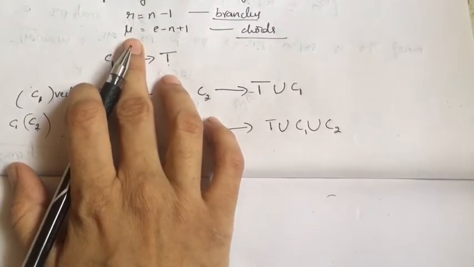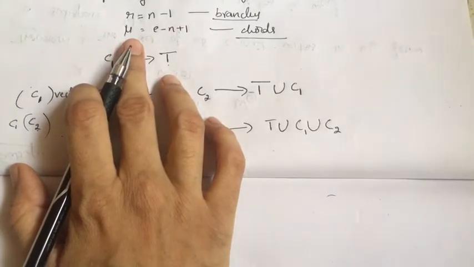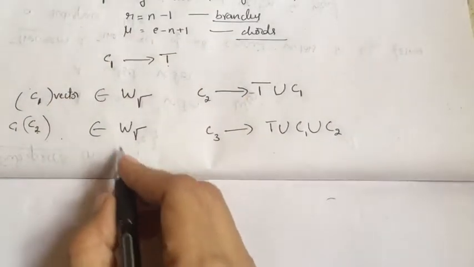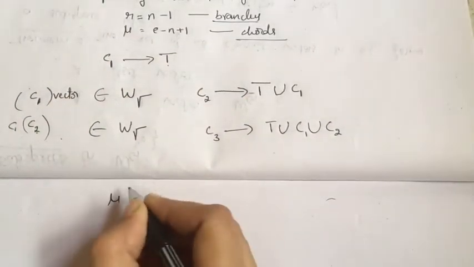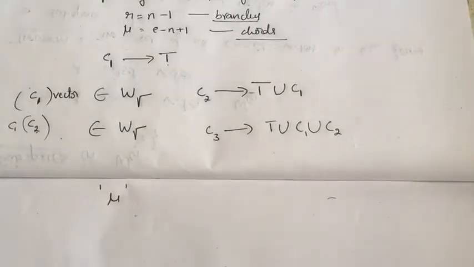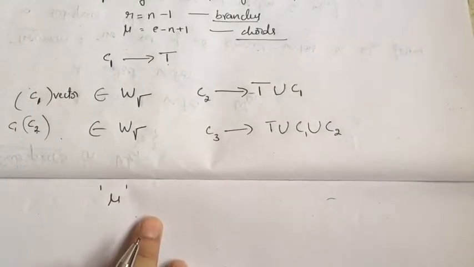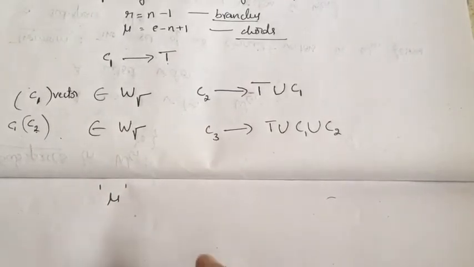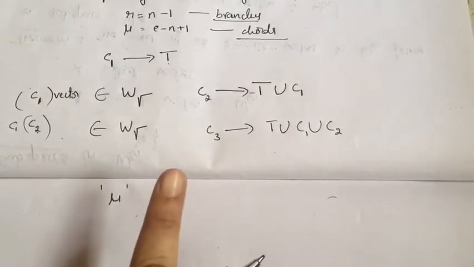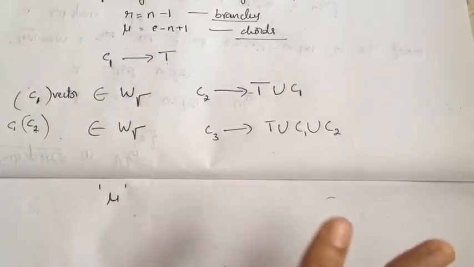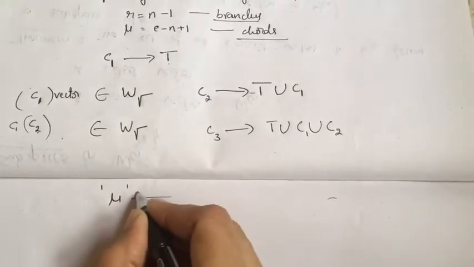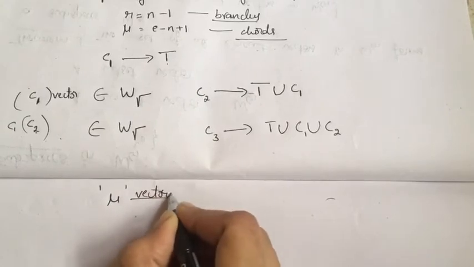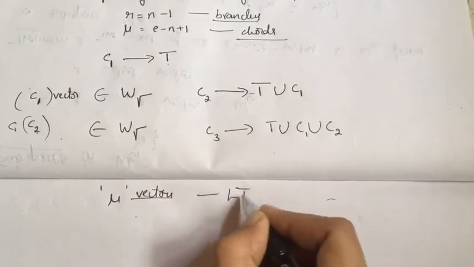So continuing this process, we see that all these mu vectors are linearly independent, because each represents a circuit containing at least one edge which was not found in the previous vectors. So I'm getting mu vectors which are linearly independent.